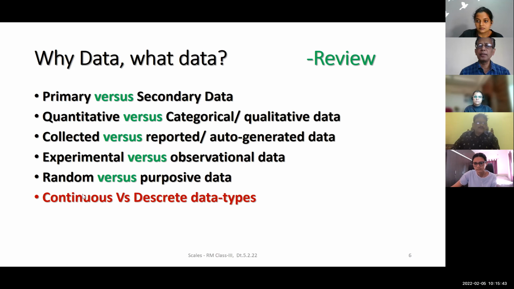Why are you saying could be? It is continuous. Yes, sir. Because it could be measured in decimal form also. Biting strength in PSI, pounds per square inch. So it could be 1000.50, whatever. So it is continuous data, or it is a continuous variable.